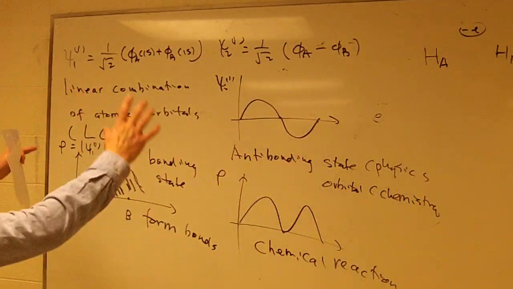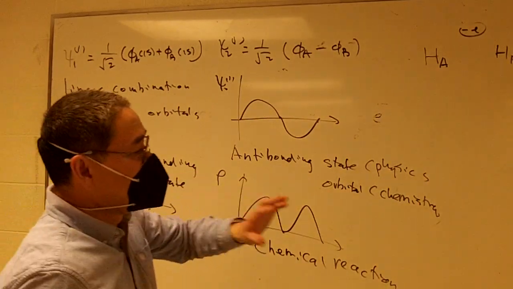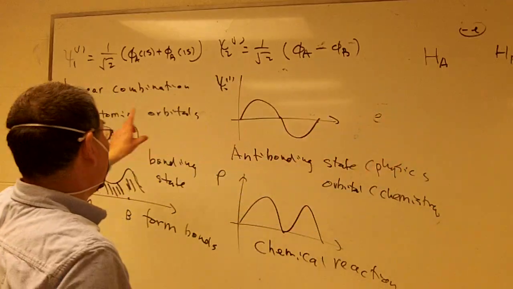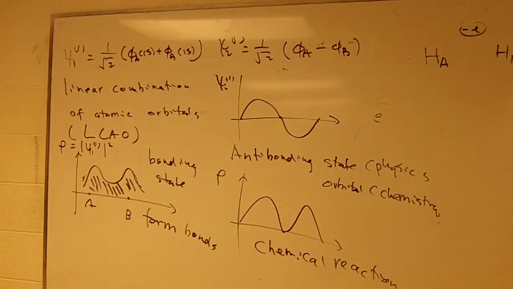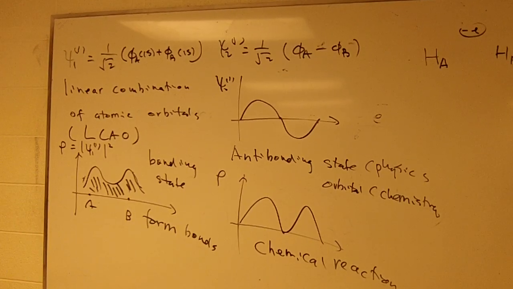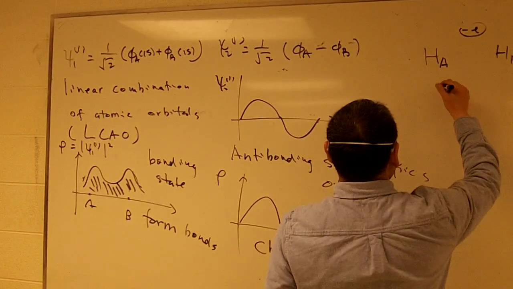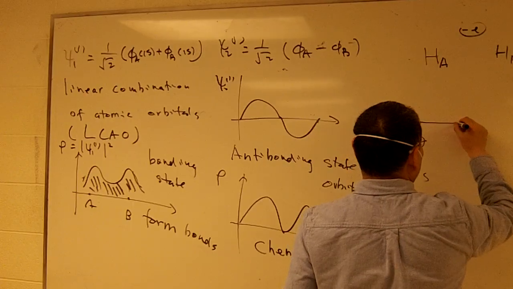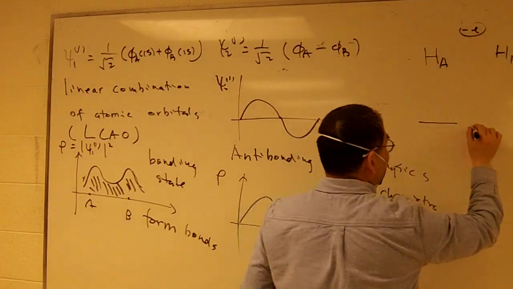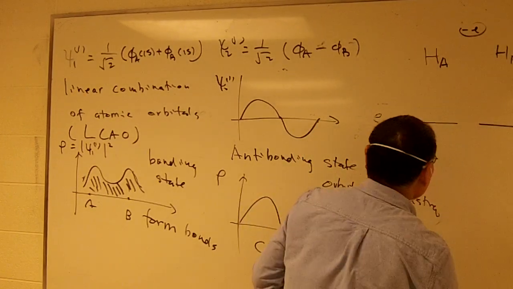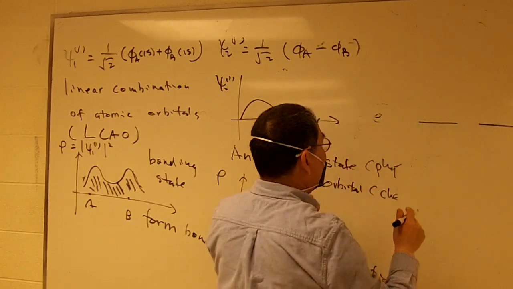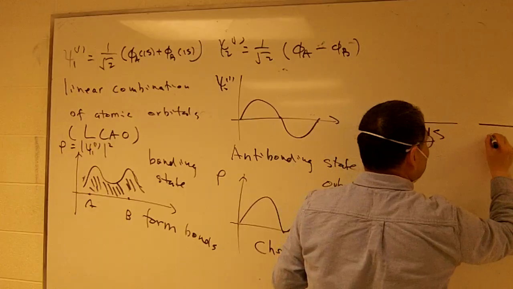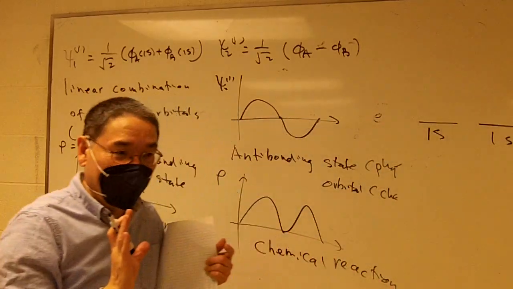So this is how we solve this completely. We set up the matrix, a diagonal matrix, and it gave us these results. And now we have not discussed the eigenenergy completely. So here's the eigenenergy spectrum. In the beginning, we have two 1s levels. They both are the 1s level.